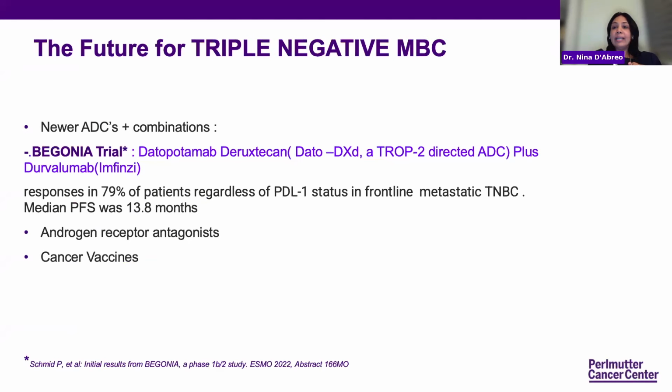So the future really lies in new combinations. We're looking at smarter ways of deploying chemotherapy better with new antibody drug conjugates. And we're also looking at other types of blockers for triple negative. Maybe they have an androgen receptor like our men with prostate cancer. Maybe it's not all about the estrogen receptor being negative. There are also vaccine trials ongoing in this space in particular.